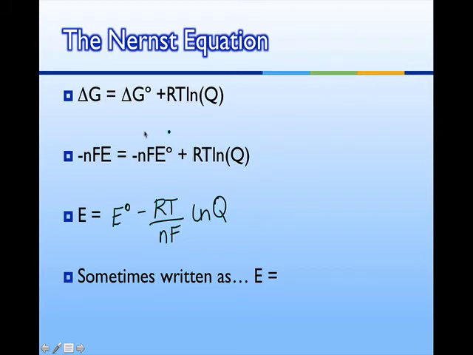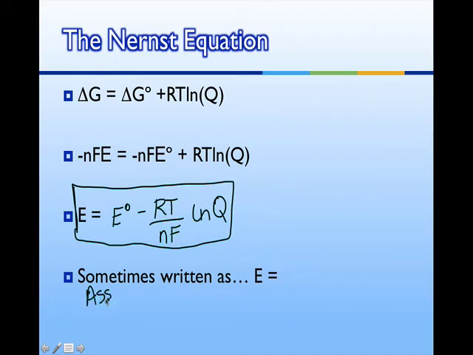So once they rearrange this, you end up with this equation, which a lot of the times when we use it, they've actually solved for some of this, like the RT and F, assuming 25 degrees Celsius, they can plug in some of those numbers, and then it's even rewritten as this.